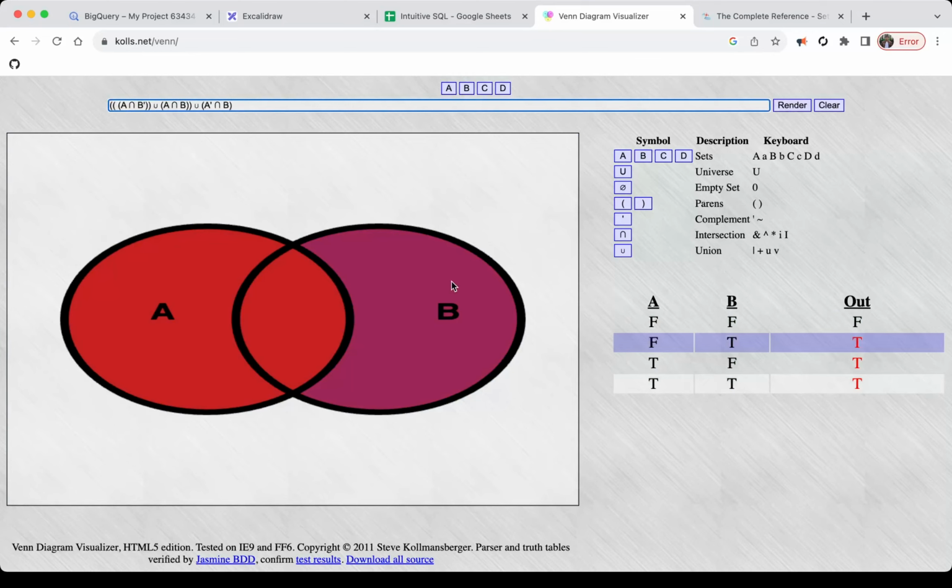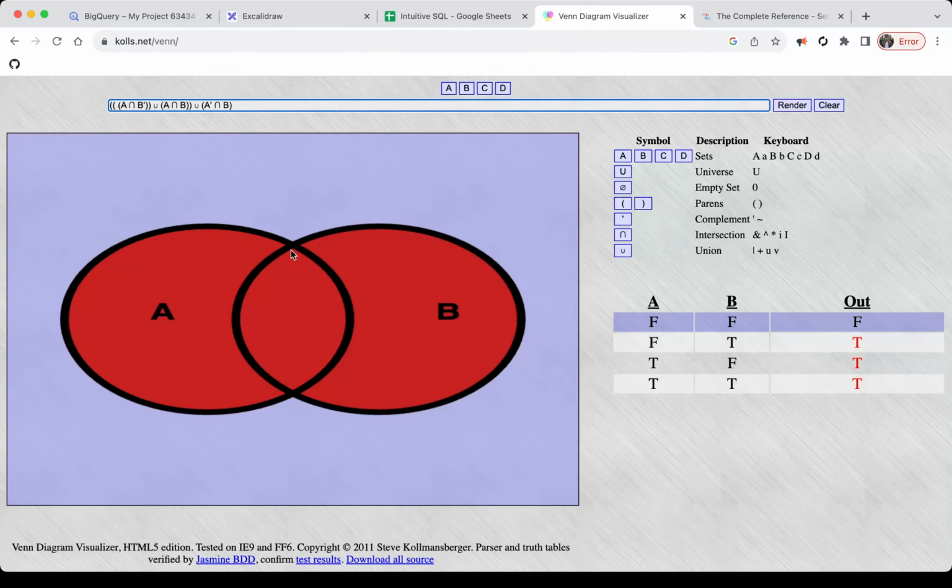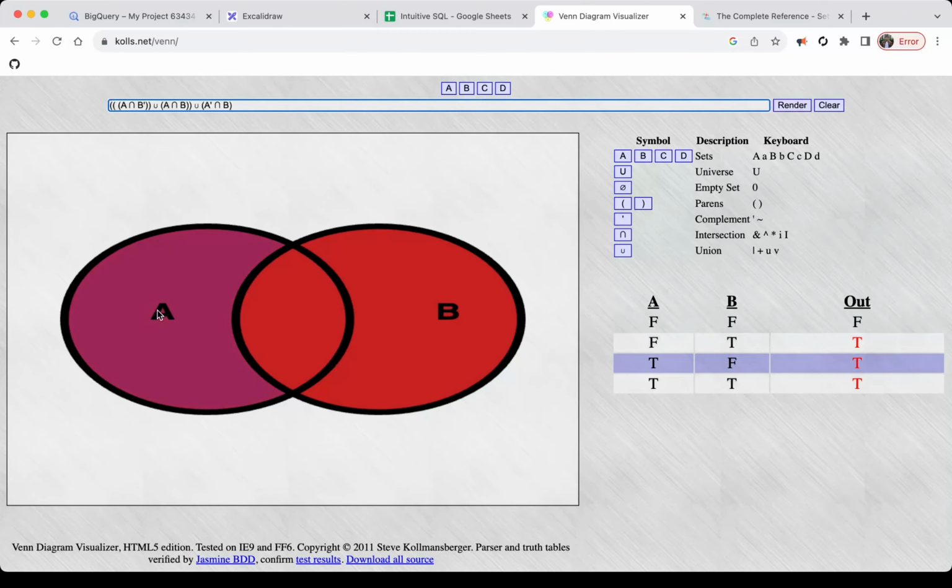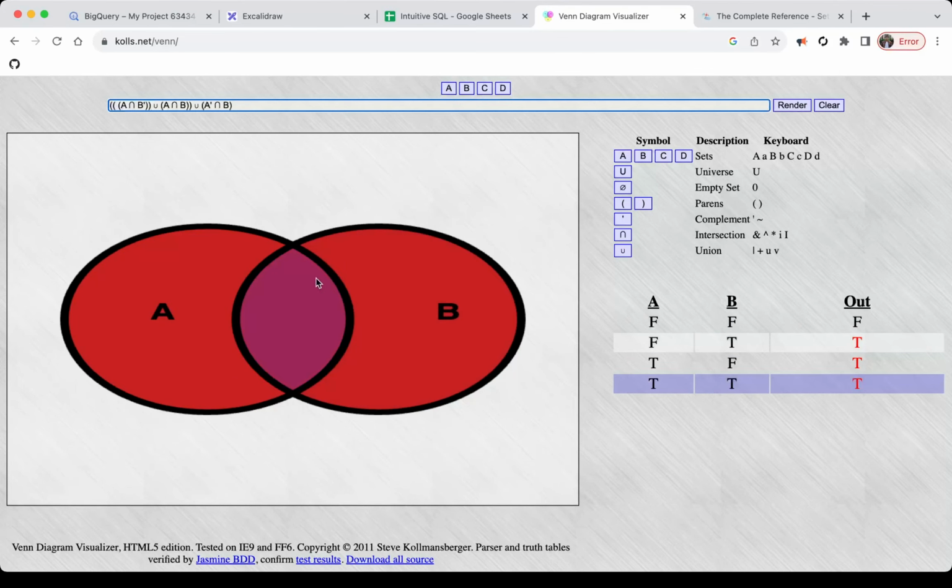And what is the difference between union distinct and union all? You can see that the rows of A are this part over here plus this part over here, and the rows of B are this part over here plus this part over here. So when we combine them, we're counting the intersection twice.